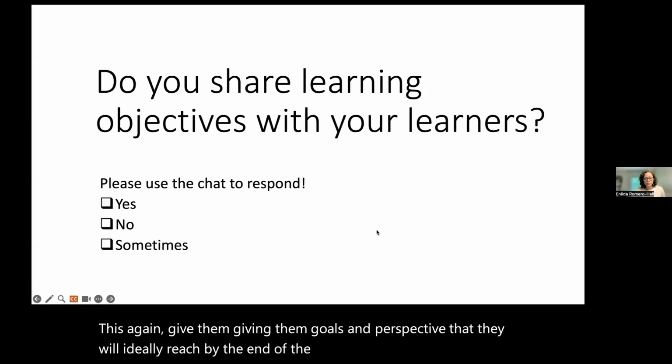I think overall that was the consensus in conversation with other colleagues who are in the online learning space, is raising awareness of the learning objectives helps the students know what direction you're taking with a very specific module, or again, just an overall online course. Just again, giving them goals and perspective that they will ideally reach by the end of the course.